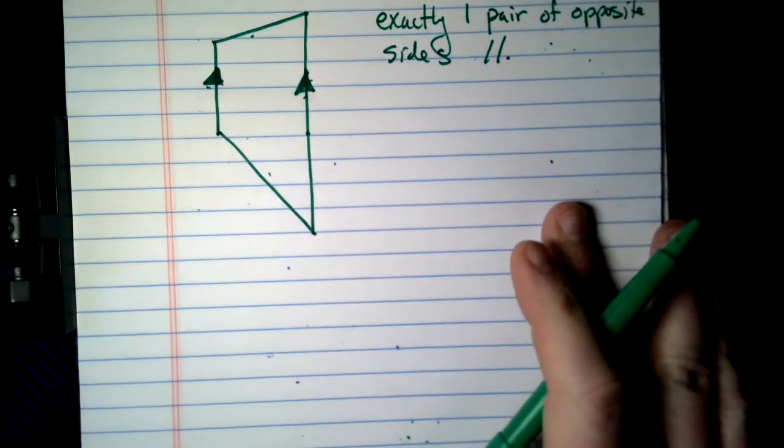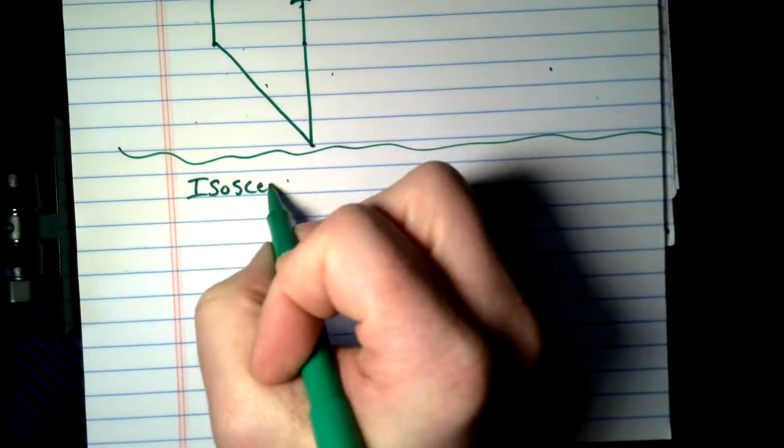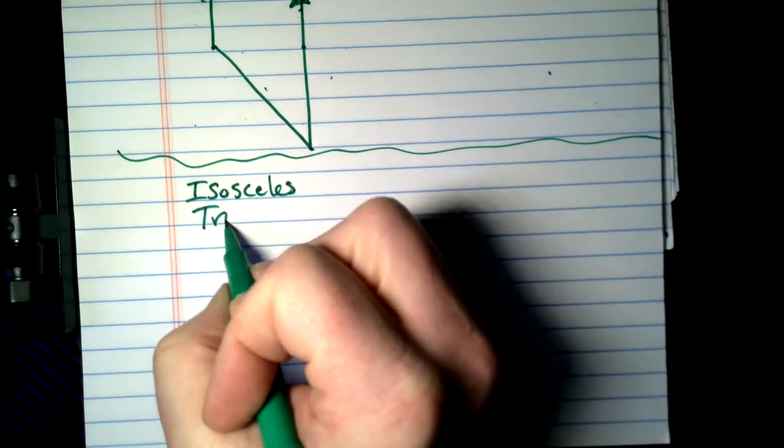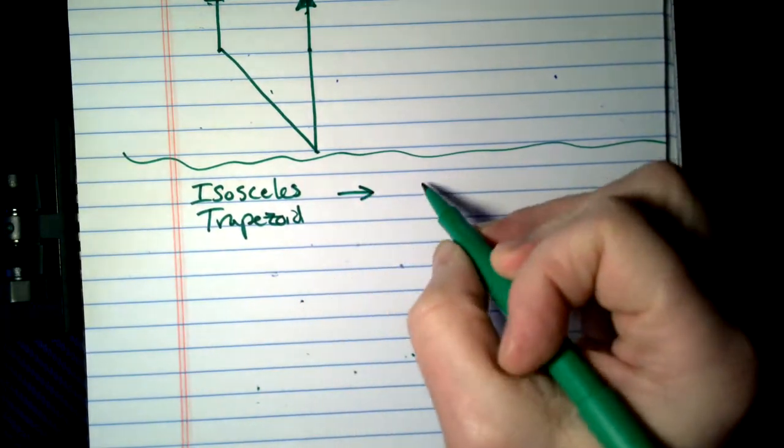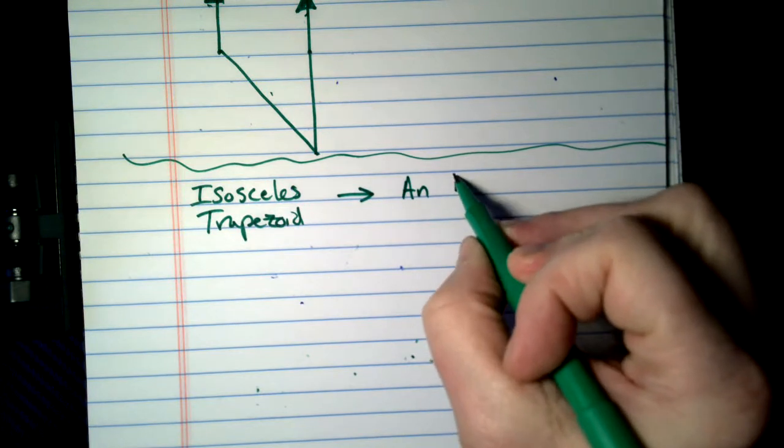And the very last special quadrilateral I got to show you, that's why I drew that so big, is called an isosceles trapezoid. Let me do this so you don't confuse it.